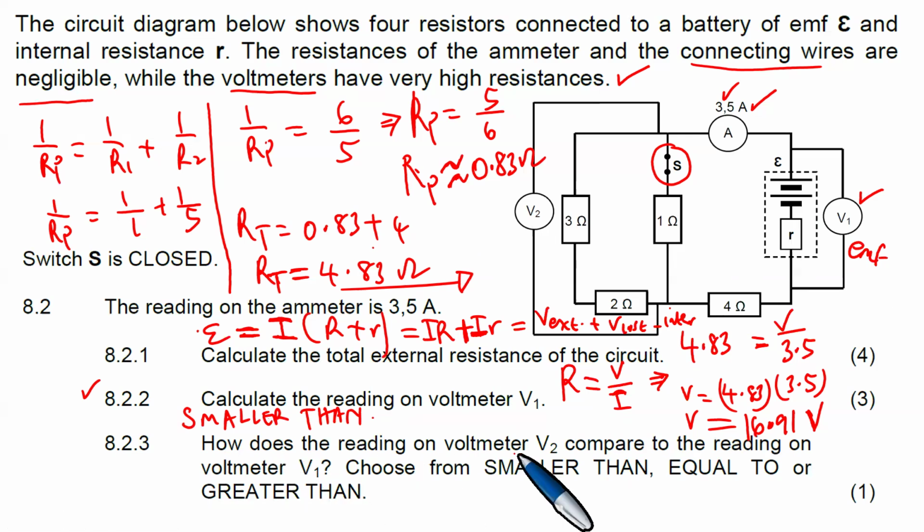That is why we say V2 is smaller, it's external, and the EMF is everything, it's full of power. It is the maximum amount of energy the battery can produce. I'm sure it is clear there. We'll move on to the next question.